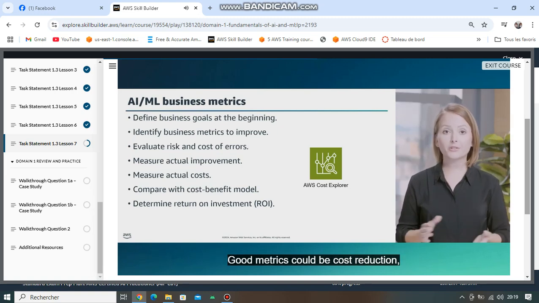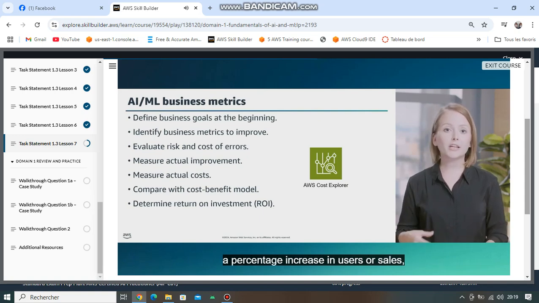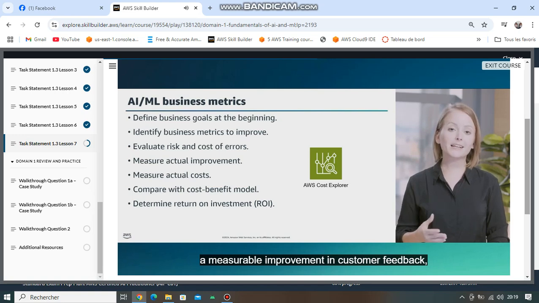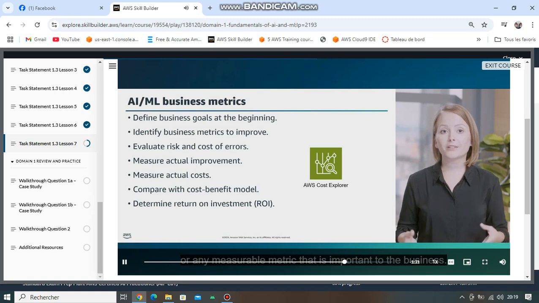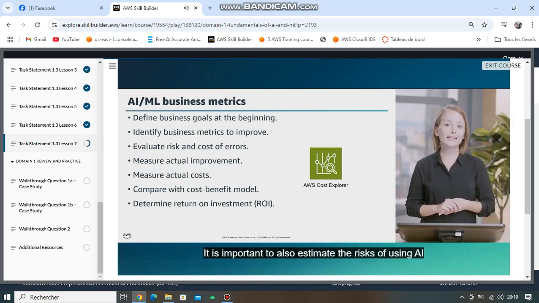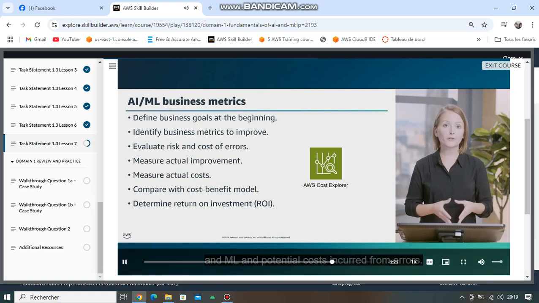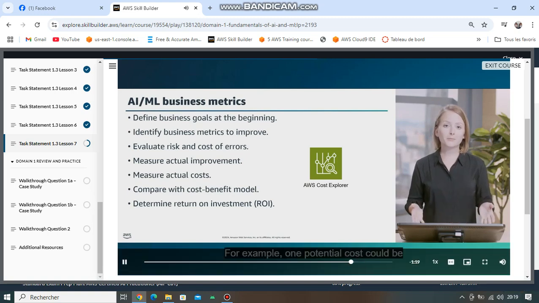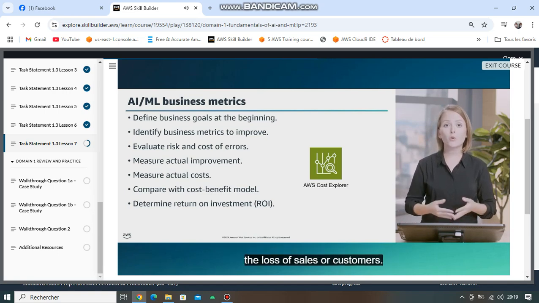Good metrics could be cost reduction, a percentage increase in users or sales, a measurable improvement in customer feedback, or any measurable metric that is important to the business. It is important to also estimate the risks of using AI and ML and potential costs incurred from errors. For example, one potential cost could be the loss of sales or customers.